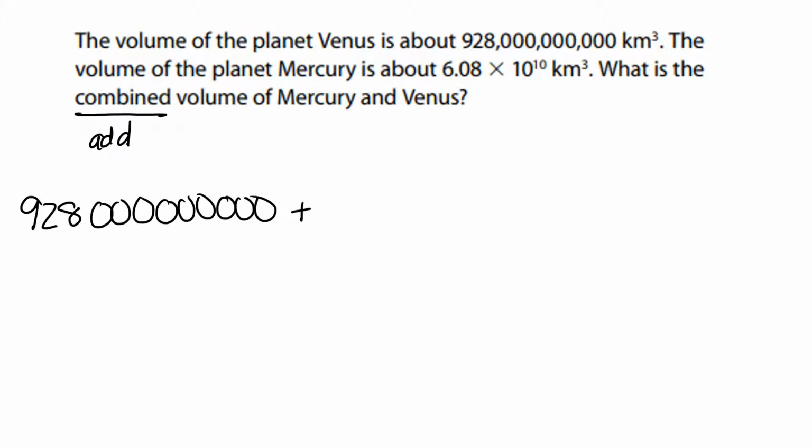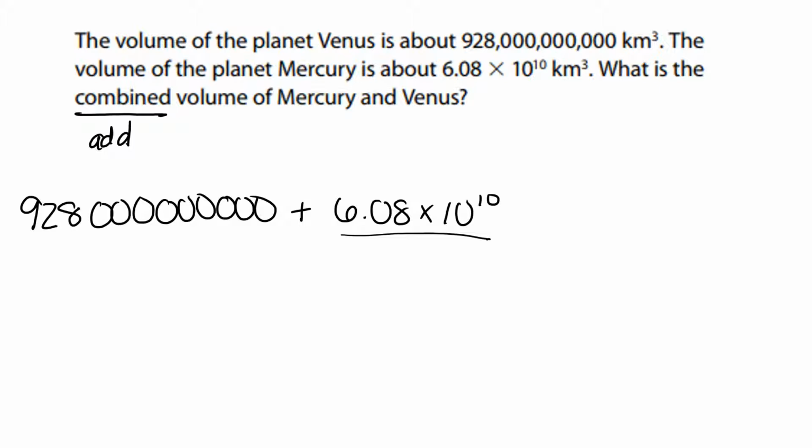So we're going to add 928,000,000,000,000 plus Mercury's volume, which is 6.08 times 10 to the 10th. Again, you don't have to have them in scientific notation already. You can simply type the entire problem in the calculator. So we're going to type it in at 928 and all the zeros, plus, and then the second portion, 6.08 times 10 raised to the 10th power.